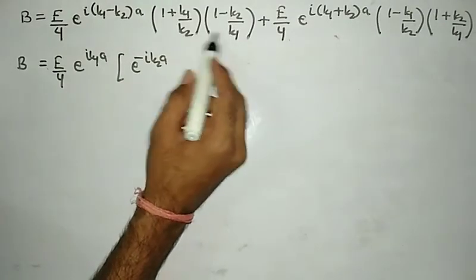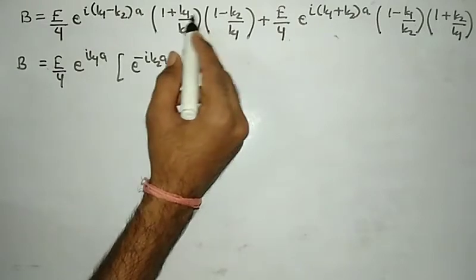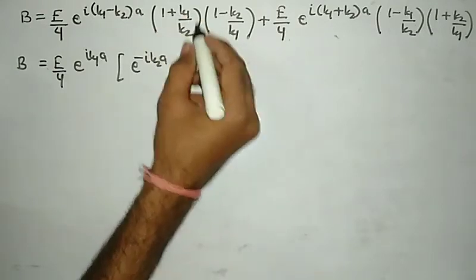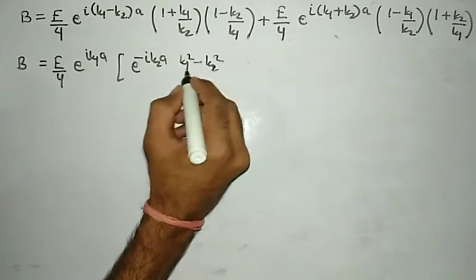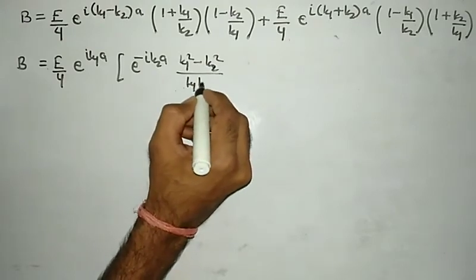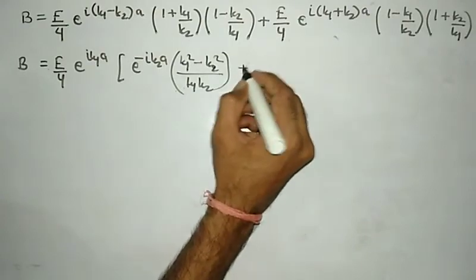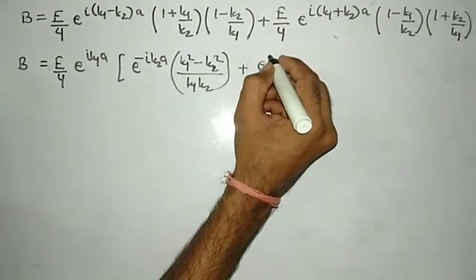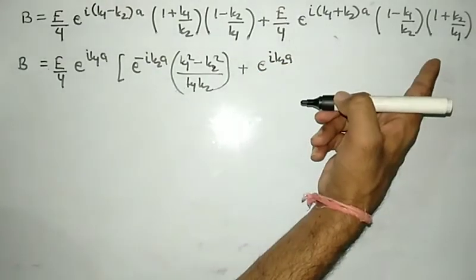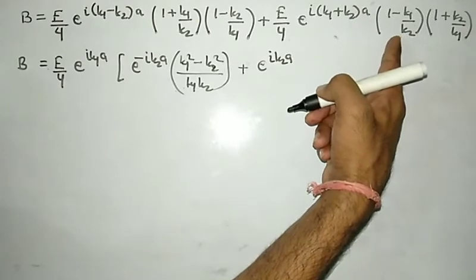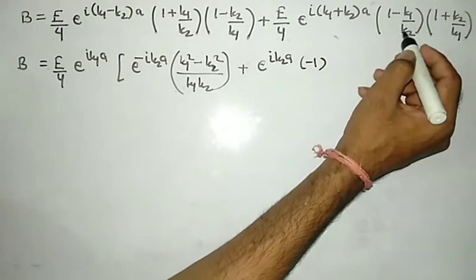Again here, taking LCM in the numerator, a plus b minus b, so we can write k1 square minus k2 square upon k1 k2, and here e to the power i k2a, also taking minus 1 from here, so that k1 upon k2 minus 1.